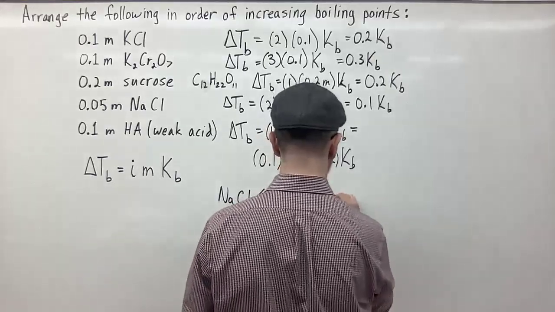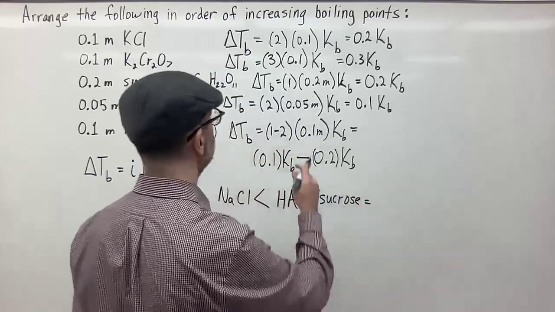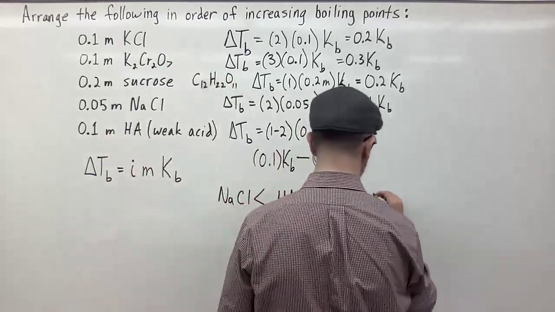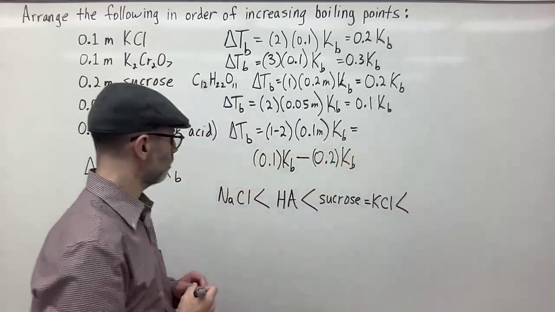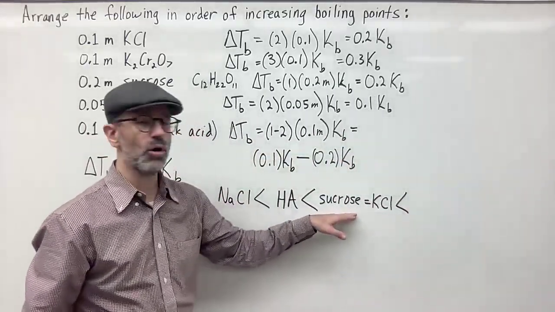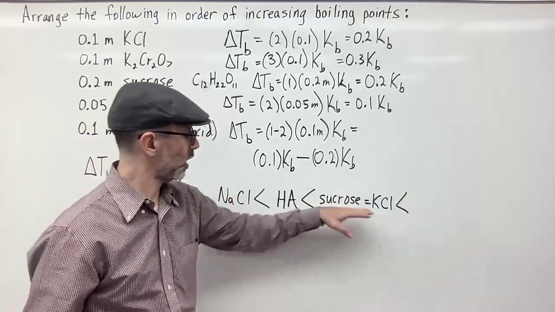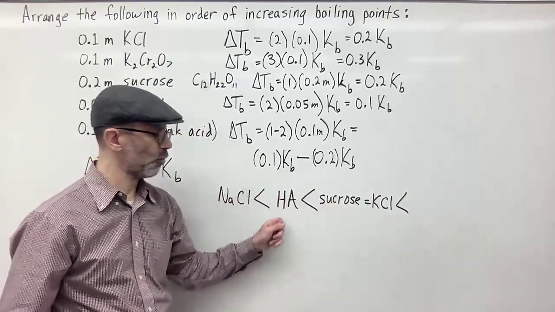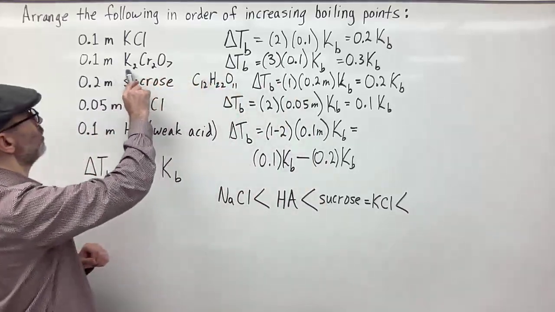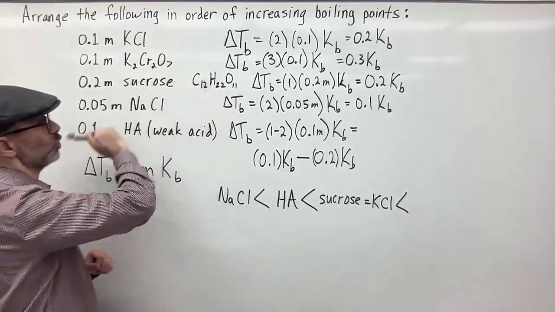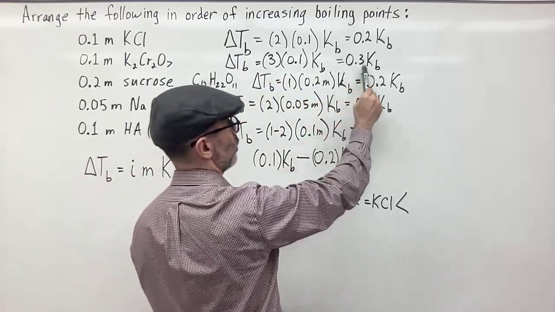So we'll have sucrose equal to KCl. These are going to be equal in their boiling point elevation, but both of them are going to be greater than the boiling point of HA. And then finally, we have the potassium dichromate solution that's going to have a delta TB of 0.3 Kb.